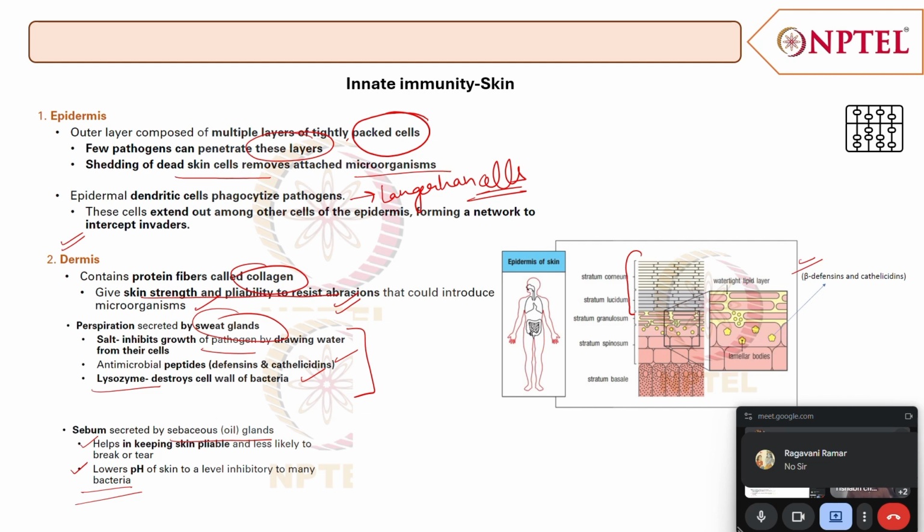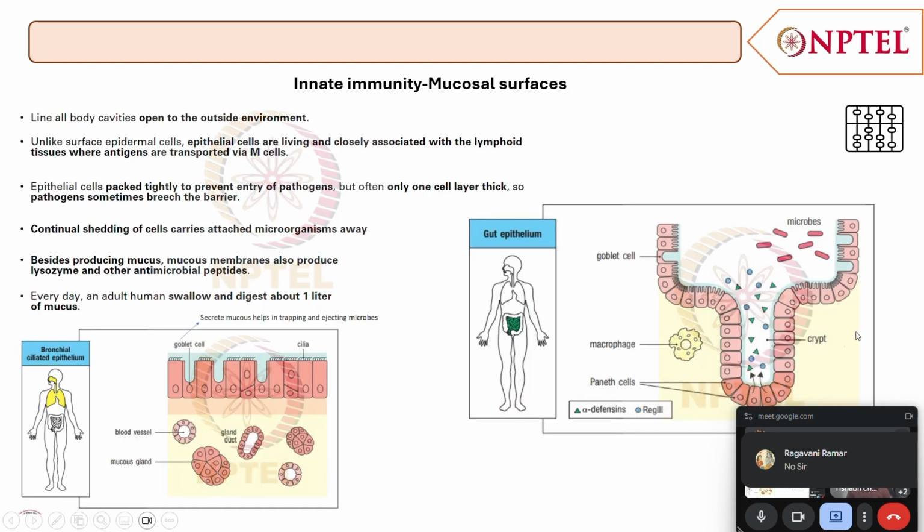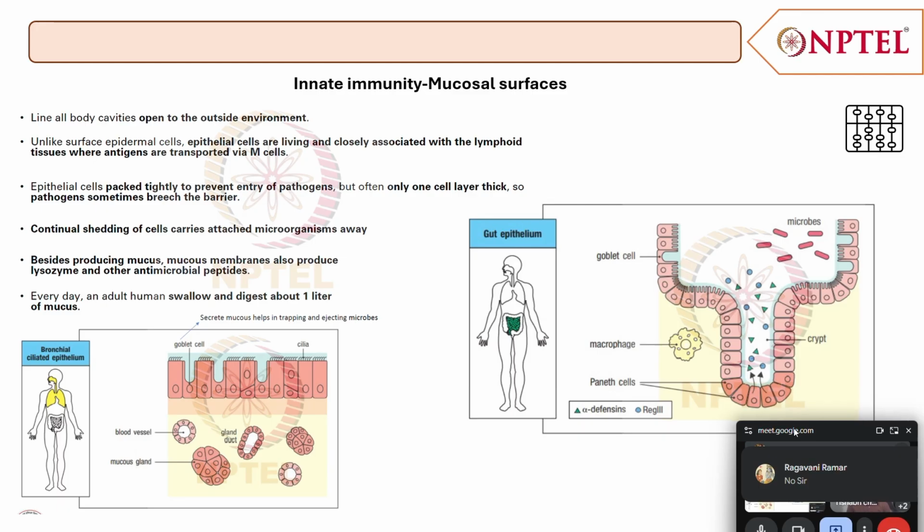Okay, so let's move on to the next part, that is the mucosal surfaces. Mucosal surfaces are present on any lining that protects from outside sources like air or food. Mucous membranes are present in the gut, and in the respiratory lining.